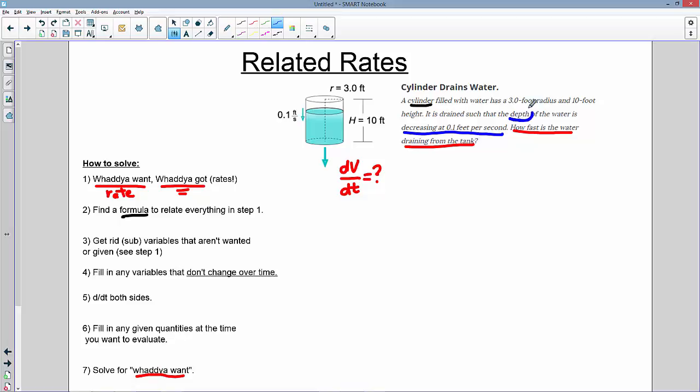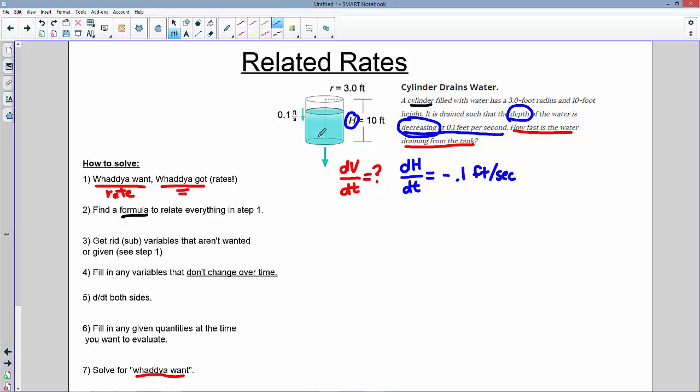The depth. And the depth is referred to as H. So what they've given me is dH/dt. I usually use small h, so you may see me change that. And it's decreasing, which is very important, so we're going to use a negative: dh/dt is negative 0.1 feet per second.